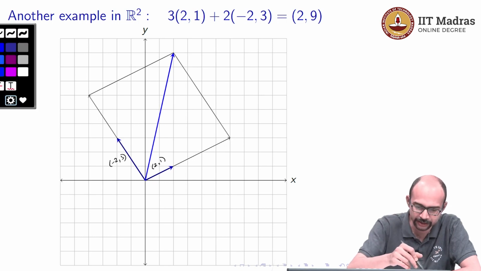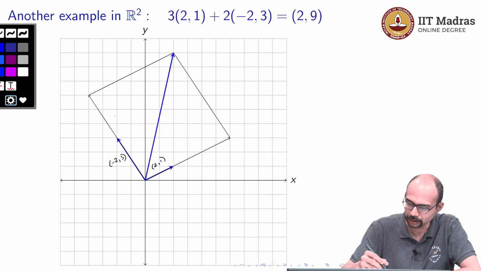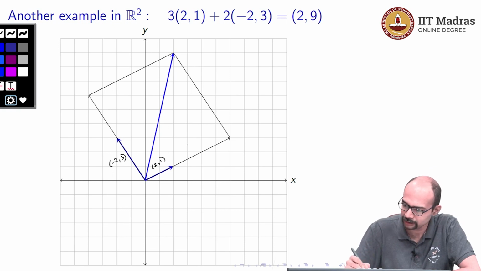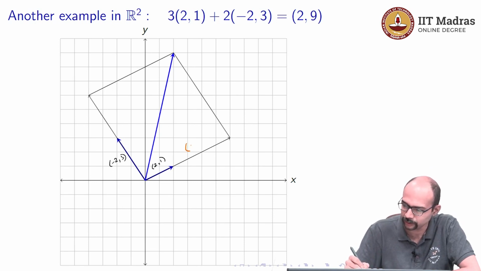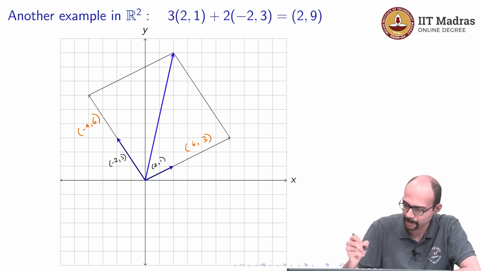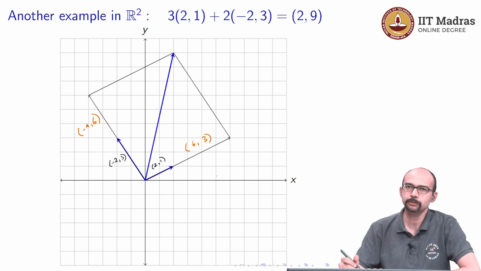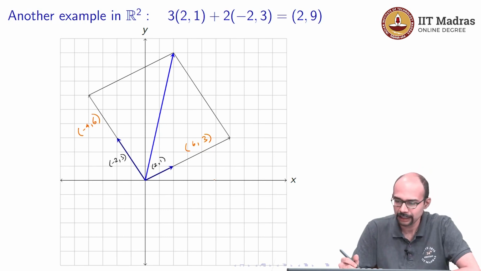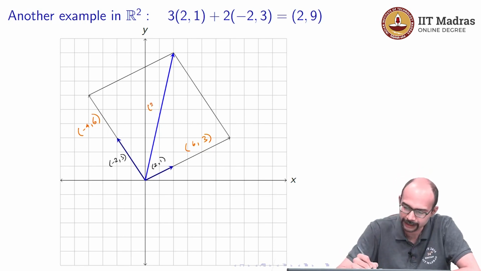So if we scale these, 3 times (2, 1) is exactly this large thing we get here, which is (6, 3), and 2 times (-2, 3) is this larger vector we get here, which is (-4, 6). And then when we add them, we use the parallelogram law and we get the vector (2, 9).